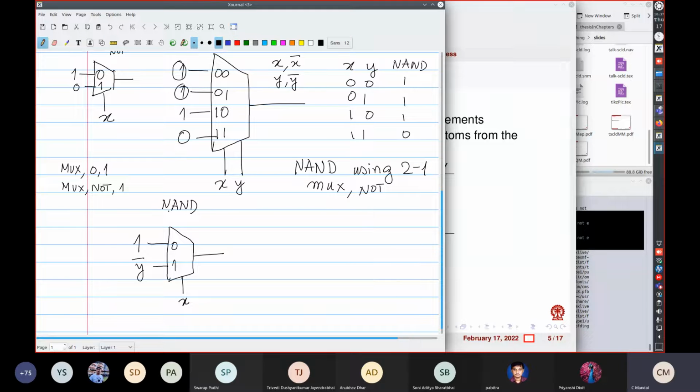So this is also functionally complete. All right. Now, as you can see, it is possible to do that.